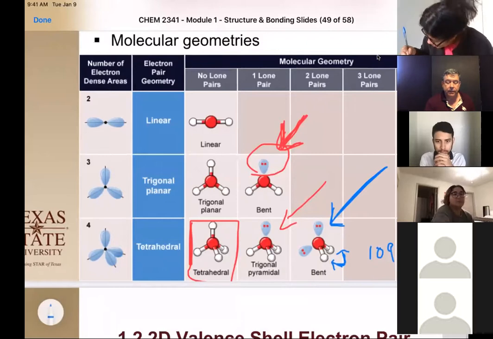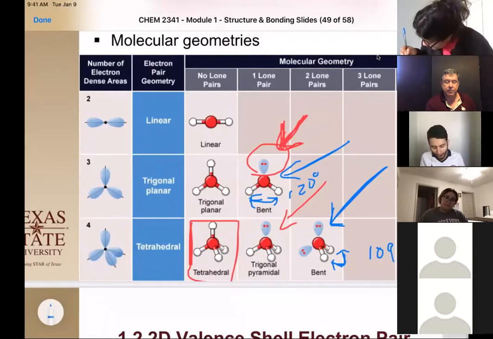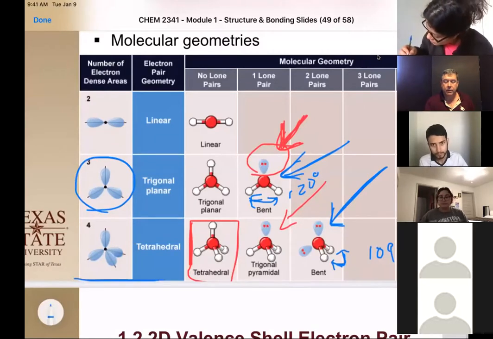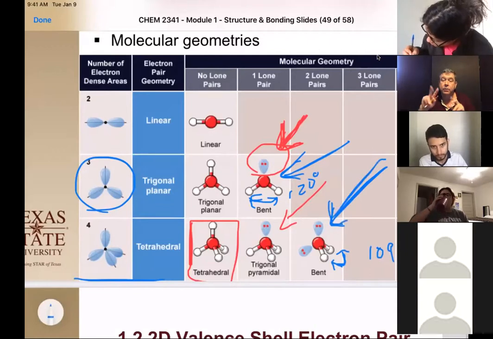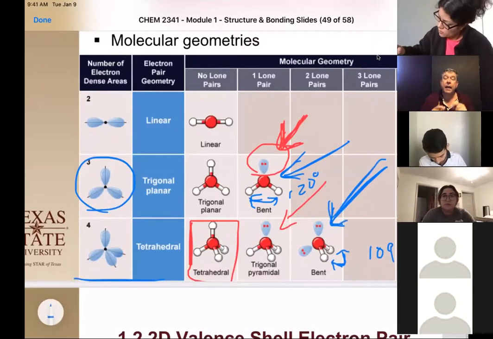That's different than this bent geometry because these are at 120 degrees apart. So that's how we can tell the difference between the trigonal planar electronic geometry with only two things bonded and the tetrahedral with two lone pairs in that bent configuration. Those two different molecular geometries have different angles between the atoms.